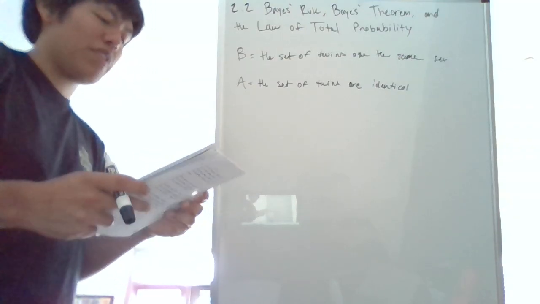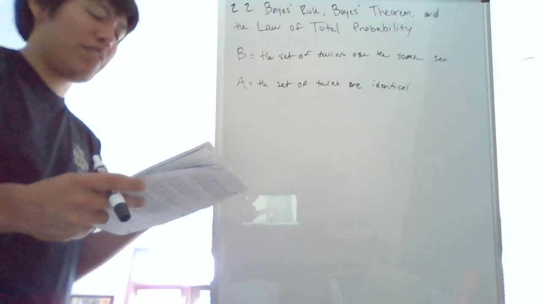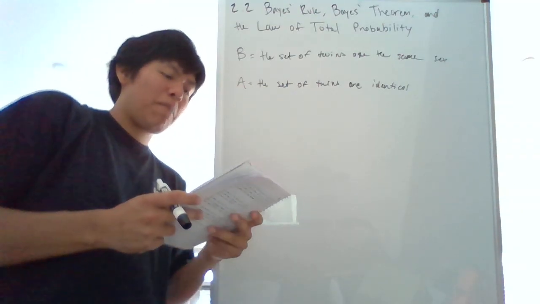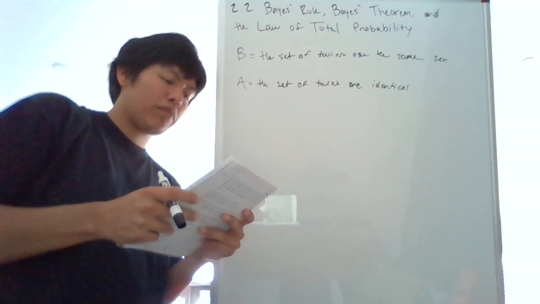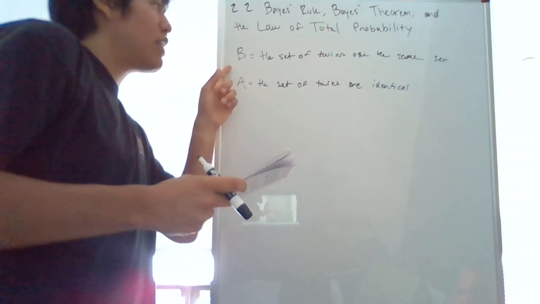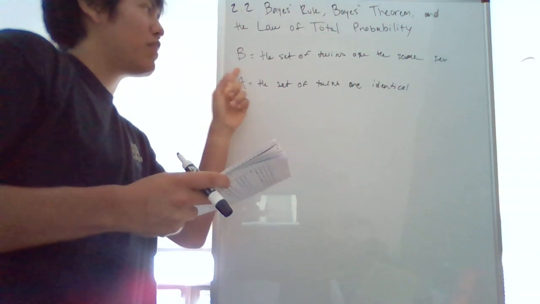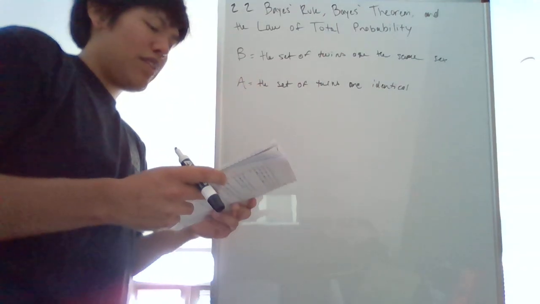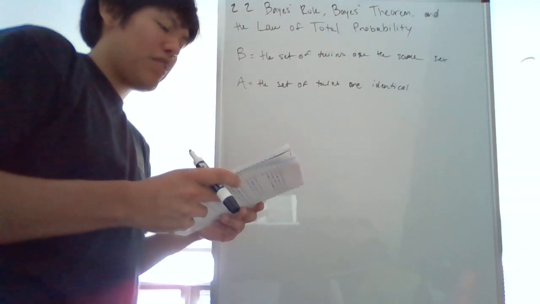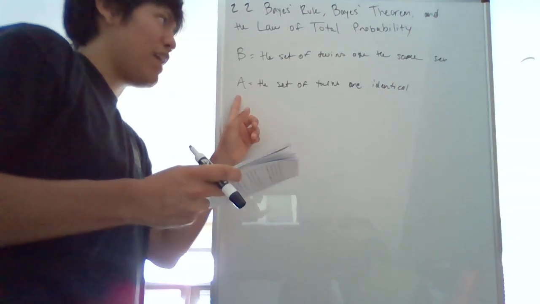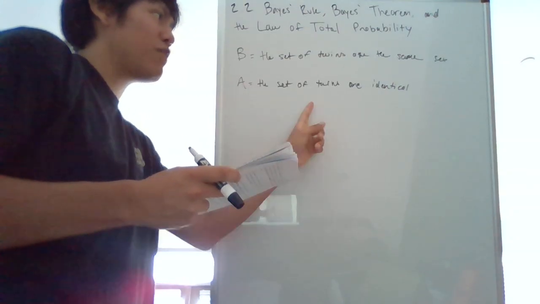Okay, so again, we go through the question and see what information we can take. Now we have these two events, right? So what is the probability of A? What is the probability that the set of twins are identical?